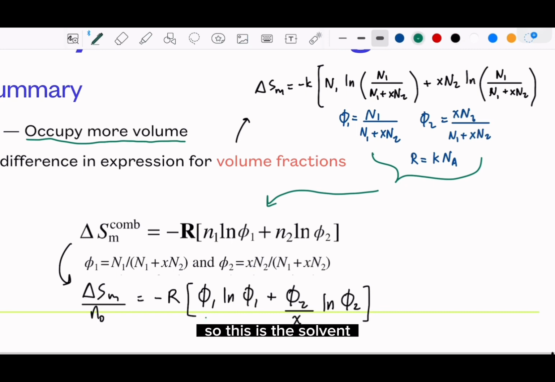So this is the solvent. And this is the polymer.